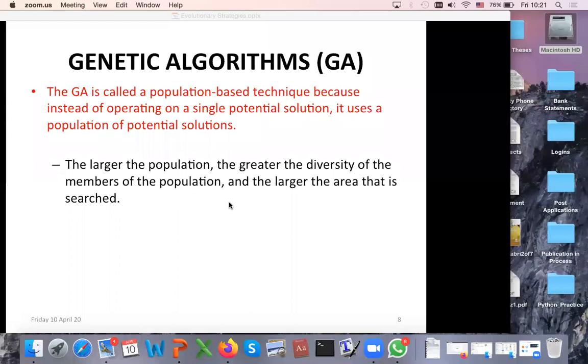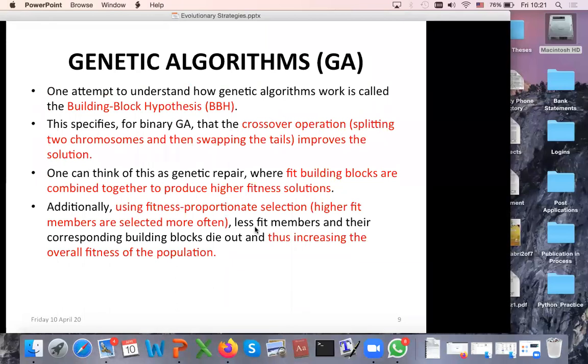So that is one drawback. Otherwise, diversity is always needed to find a good solution. So now we can move on to the next things.